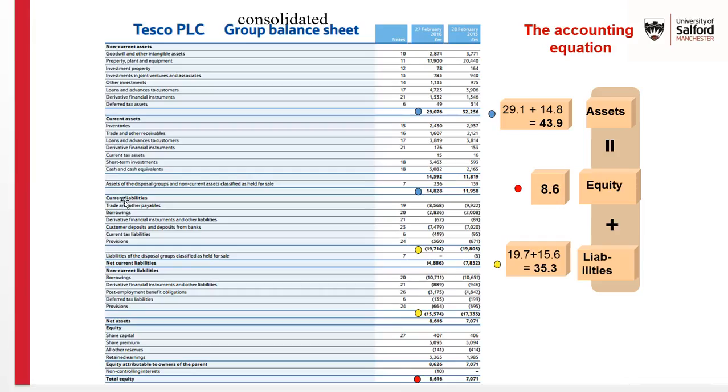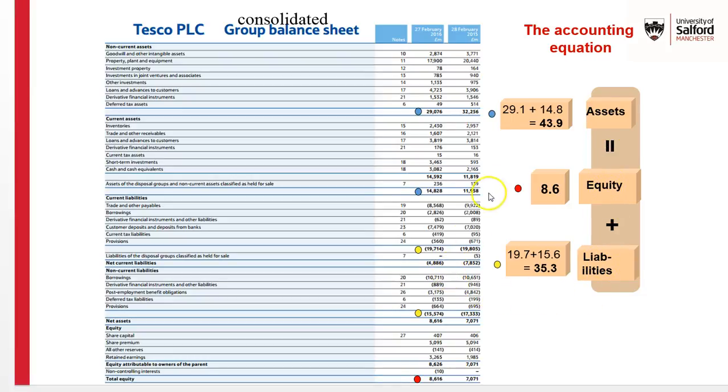Sorry about that. If we look at the group consolidated balance sheet for Tesco, you can see here that we've looked at the assets, the blue dots, and the equity down here is the red dot, and the liabilities, the yellow dots. And we have our basic accounting equation: assets equals equity plus liabilities.